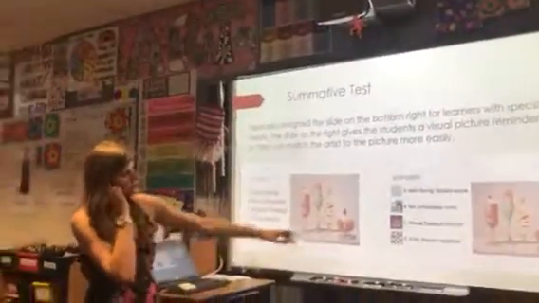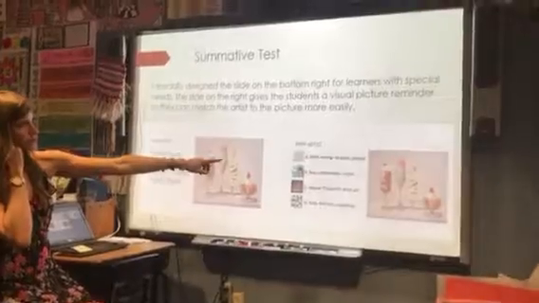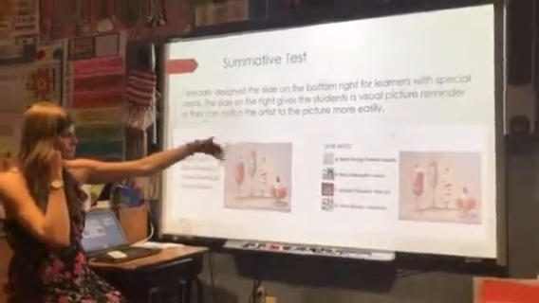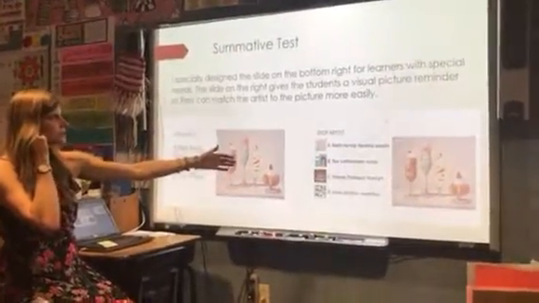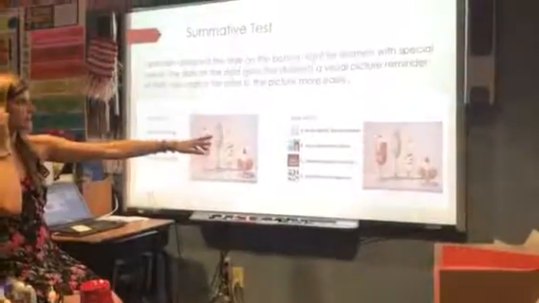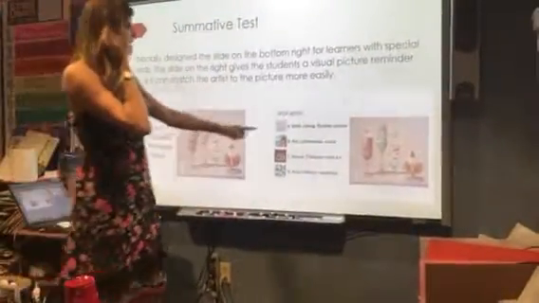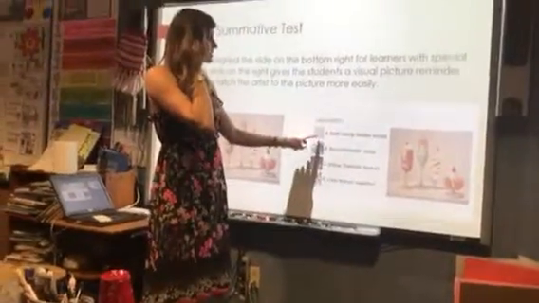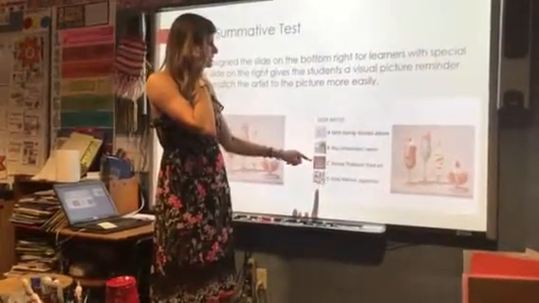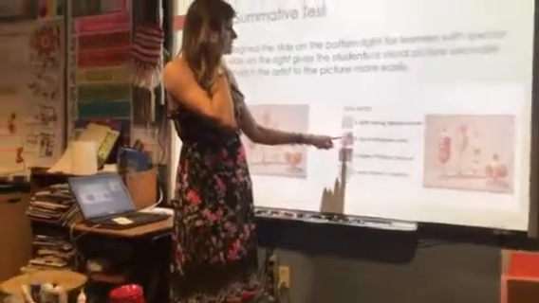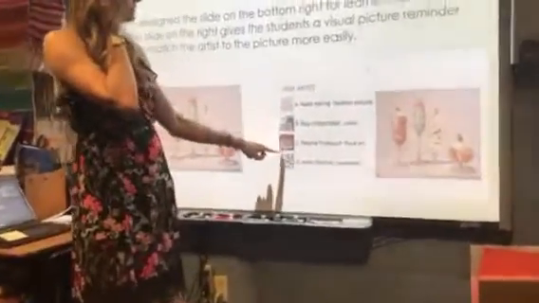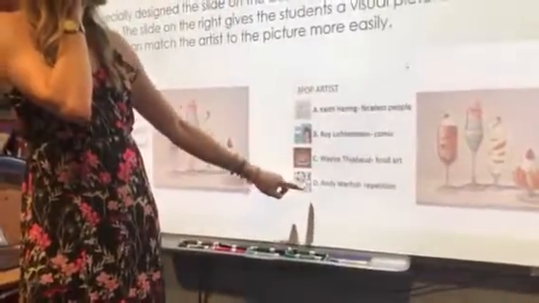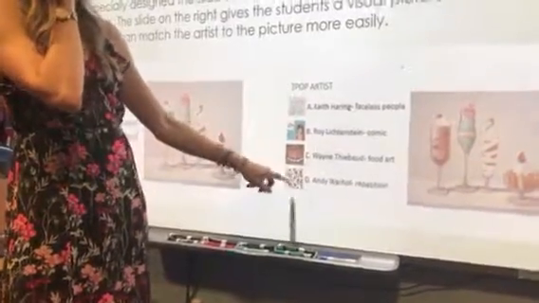And then we've got a summative assessment. I created this slide especially for learners with special needs. So if they had a hard time reading the artist's name, they could match the picture with the picture. We've got a picture of a little Keith Haring person, a picture of a pop art person with a little caption bubble, a cake picture, and then Andy Warhol showing repetition.